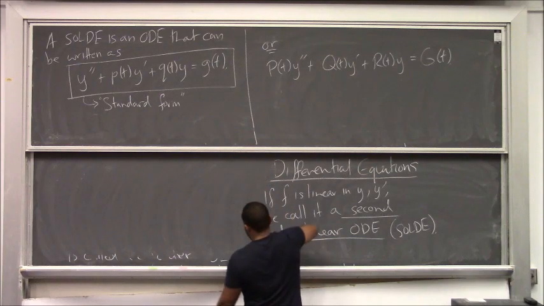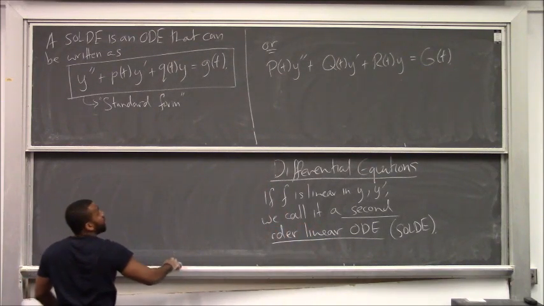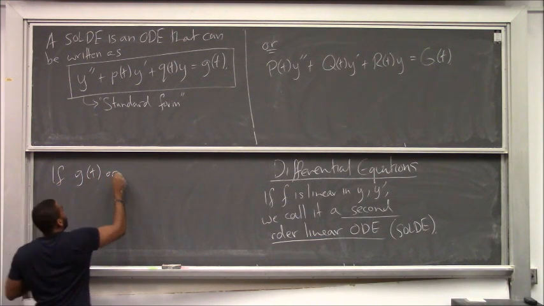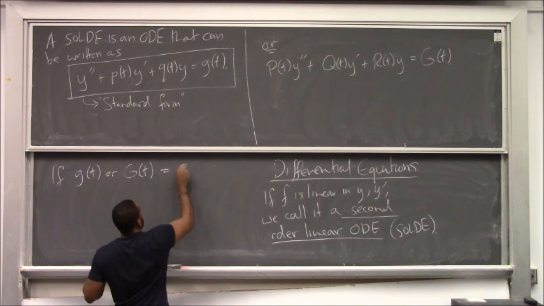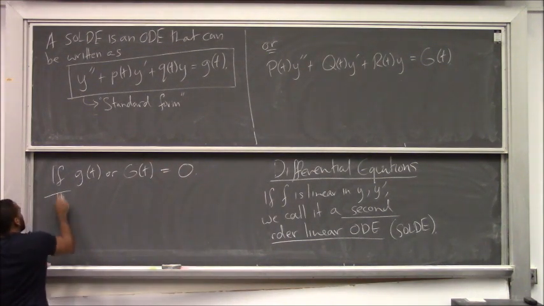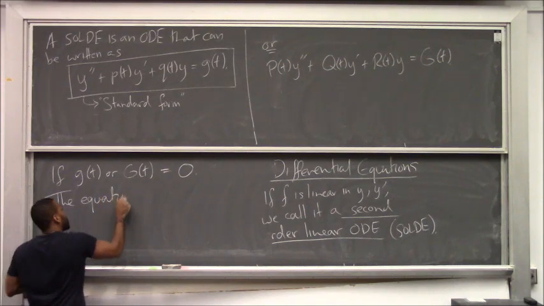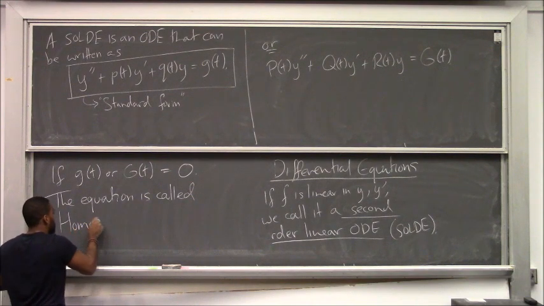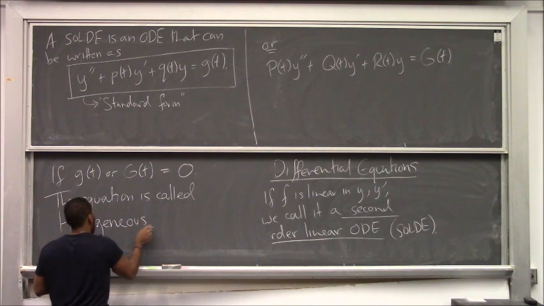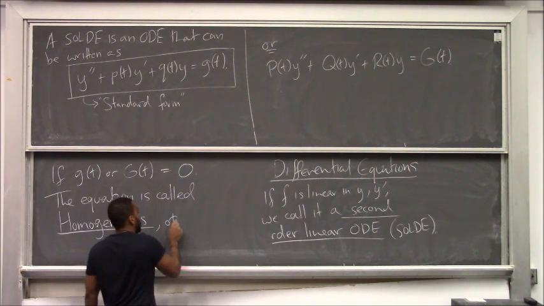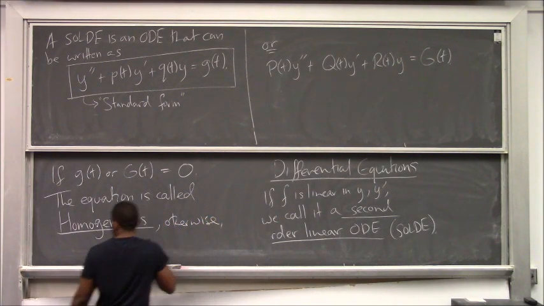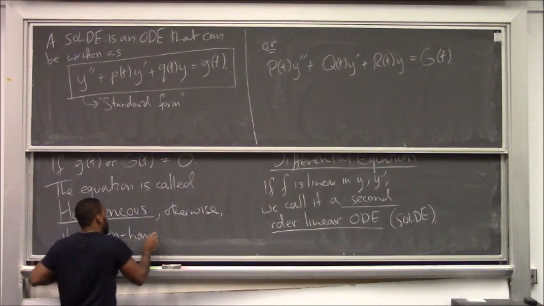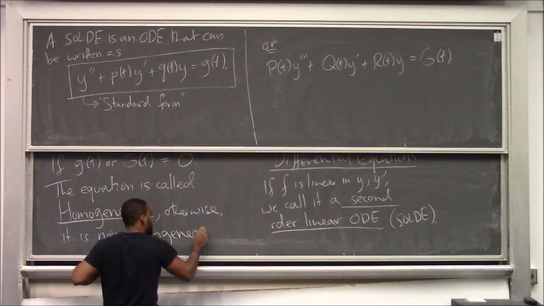Okay. Now, if g of t is equal to 0, the equation is called homogeneous. Otherwise, it is non-homogeneous. Right, now this is what homogeneous means from now on.